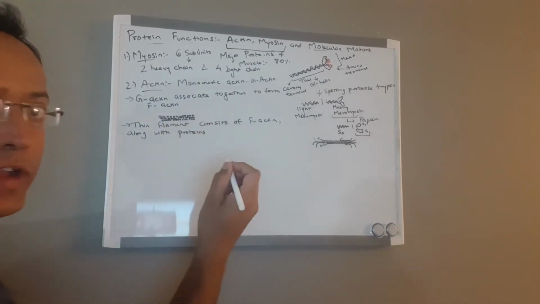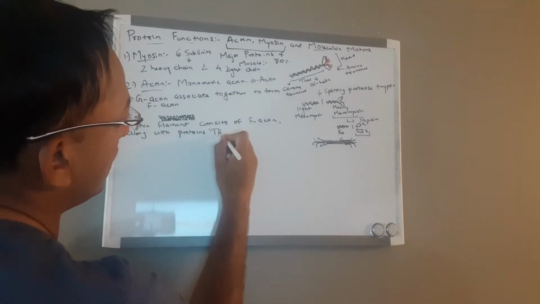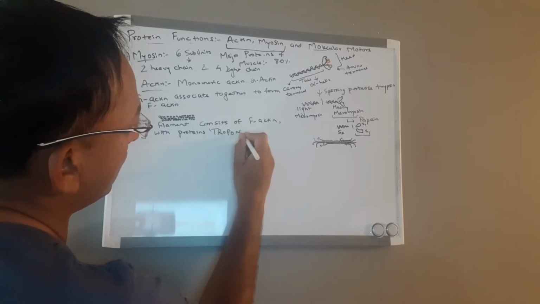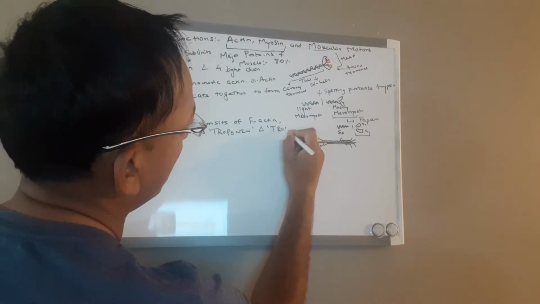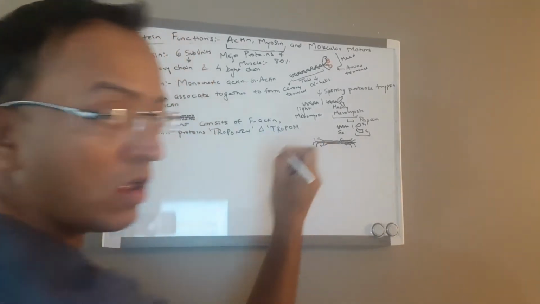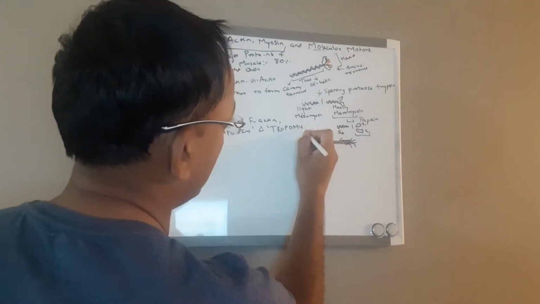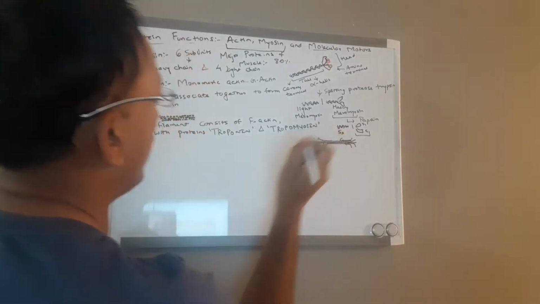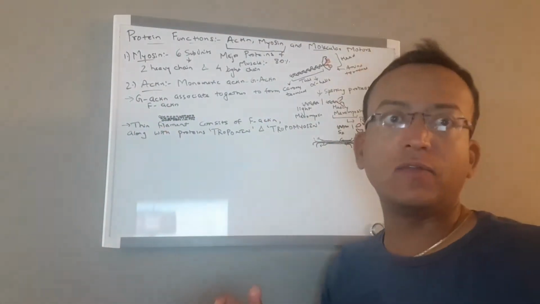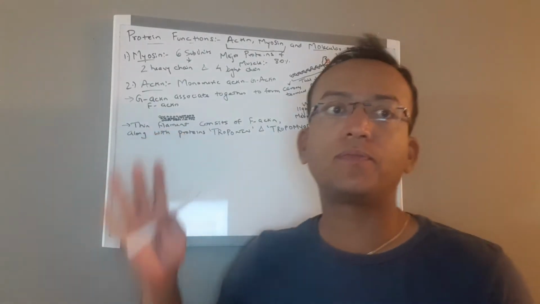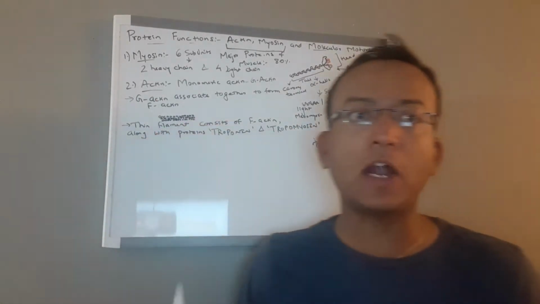So what are the proteins? That is troponin and tropomyosin. So these are the two proteins that are together with this F-actin in the thin filament.